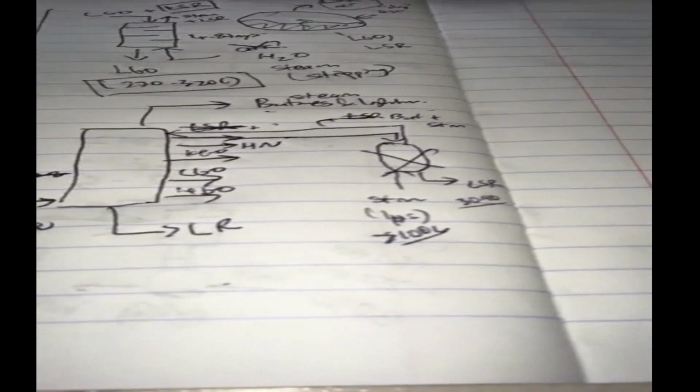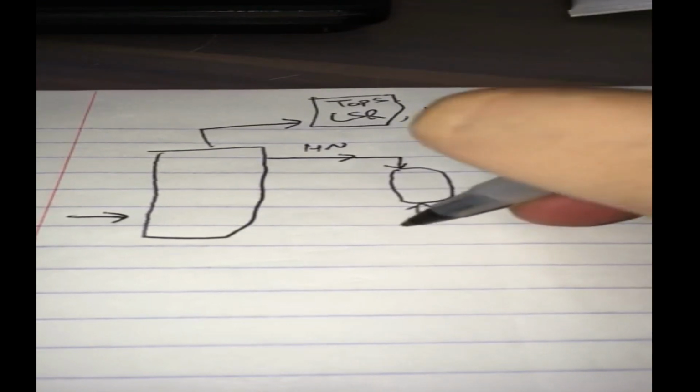So, best you can do is to get light straight run and lighter on top. They just call it tops. This is the distillate that comes out from the top. Heavy naphtha, I just call it HN. So to evaporate off everything, you'll get steam.